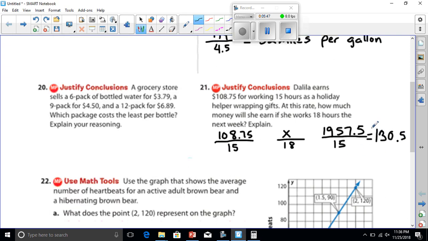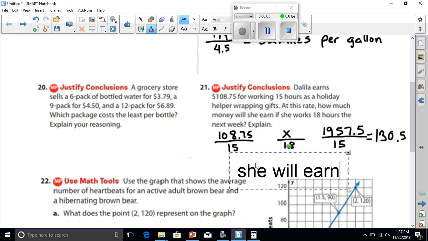Yep. Okay, so now that I know the answer, I can say that she will earn, let's type it out. She will earn $130.50, since we're talking about money.